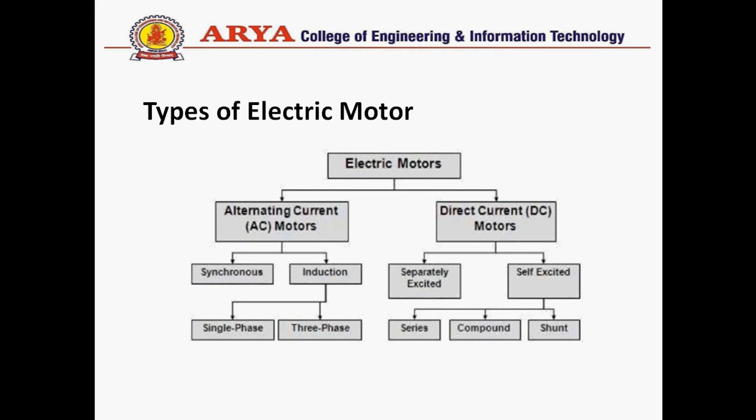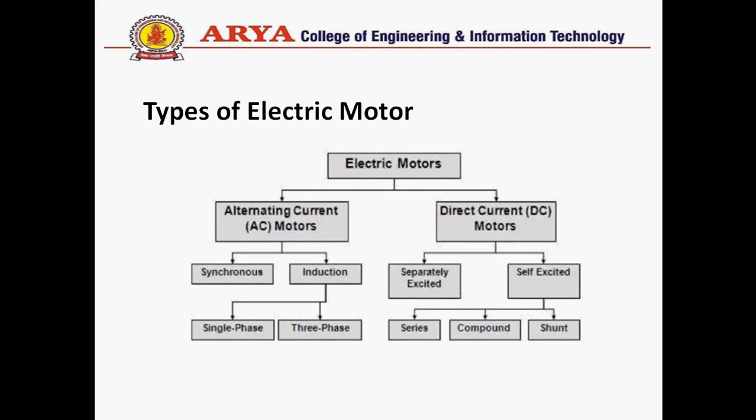Now, first we discuss the AC motor. An AC motor consists of two parts, that is the rotor and the stator. Basically, the stator in an AC motor is related to the armature field and the rotor is related to the magnetic field.